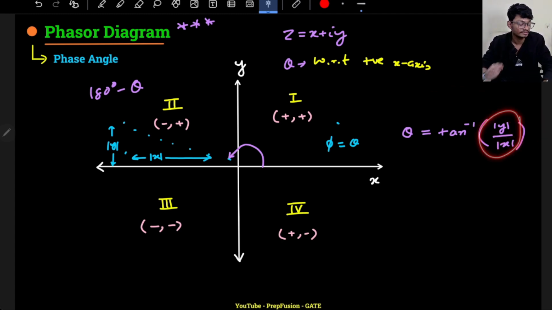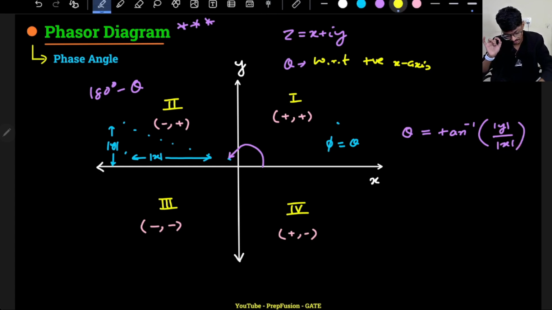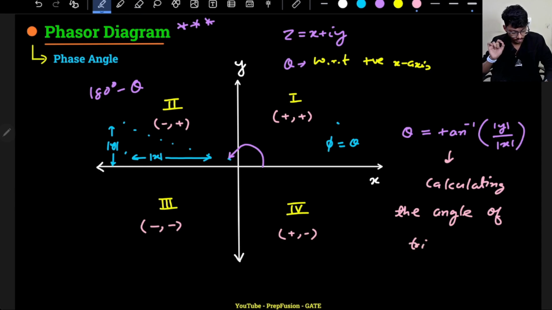If it is always positive, you will never have any doubts, because this theta will always come out to be some positive number. This is just for calculating the angle of the triangle.